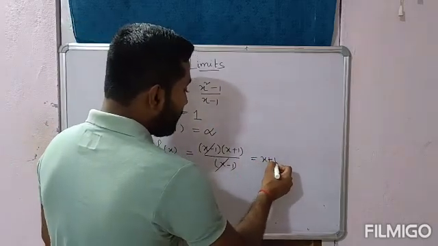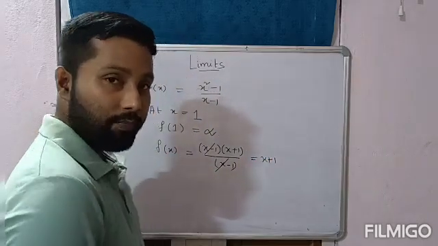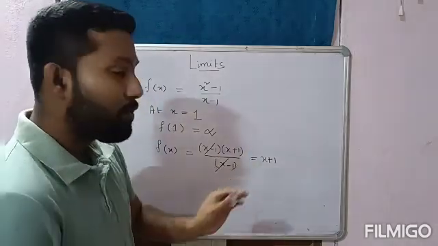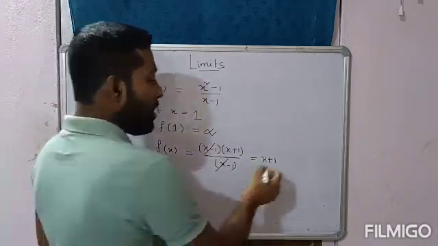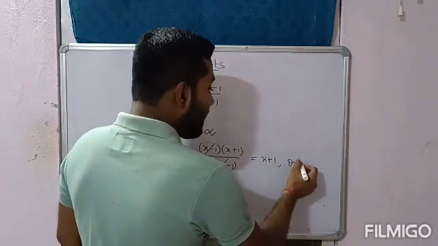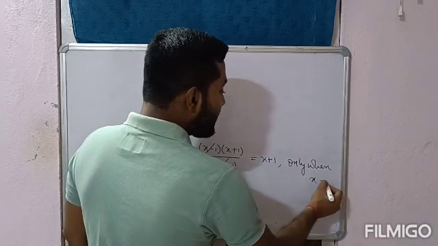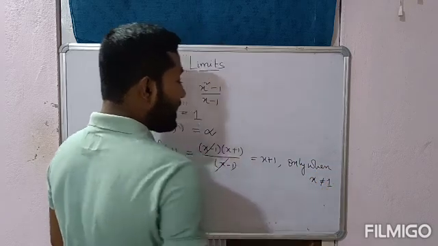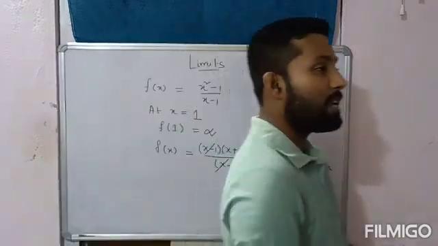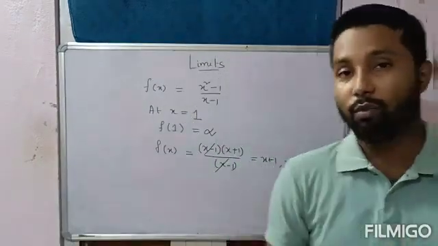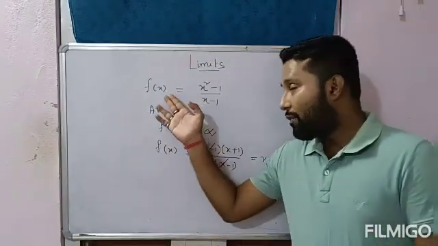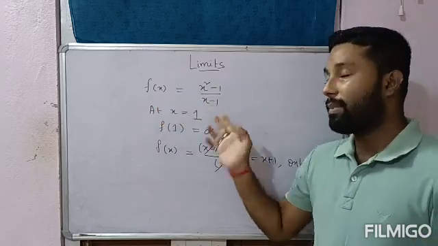f of x is equal to x plus 1 remains. Yes, f of x is equal to x plus 1 only when x is not equal to 1. Look here, I have considered f of x equal to x square minus 1 by x minus 1.